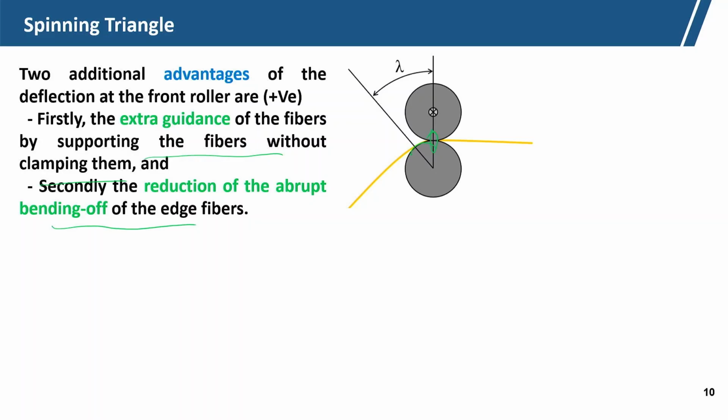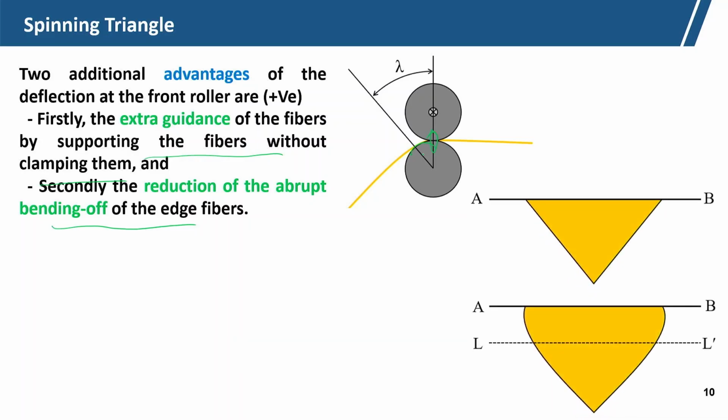Earlier we have seen the case when the contact was not there. There was abrupt change of the edge fibers, which resulted in floating fibers, fiber loss and hairiness. Here, abrupt change is not there. We can see here the case with a lower angle lambda, lower contact area.